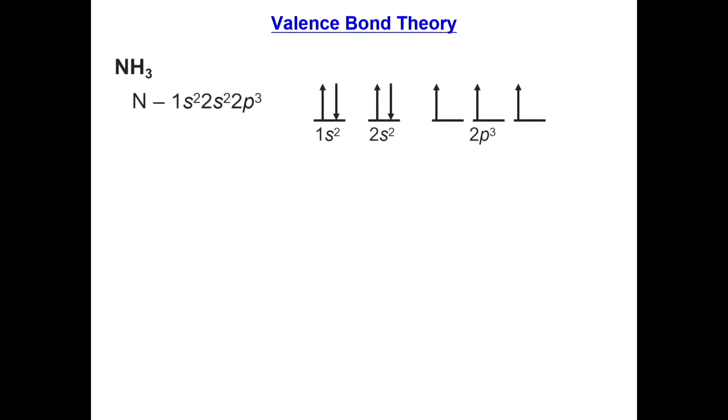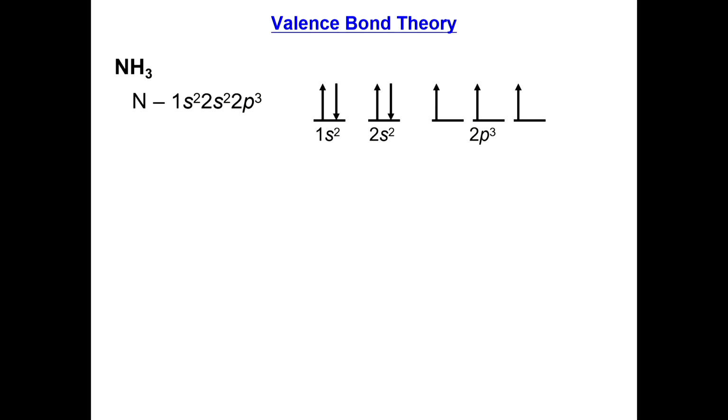Using this theory, we can know more details about the overlap of orbitals. For example, in this molecule NH3, there is one nitrogen atom.